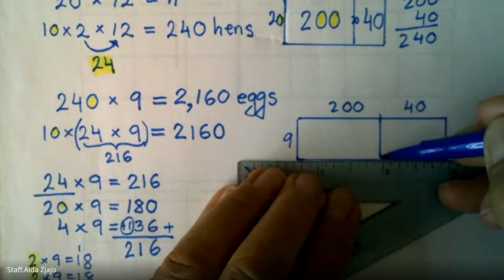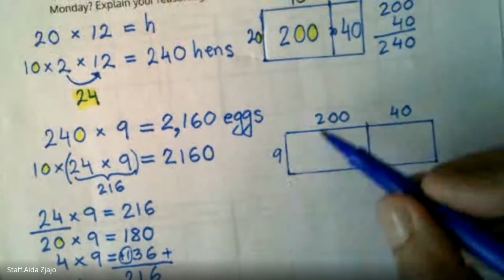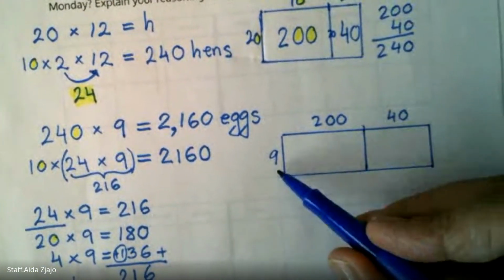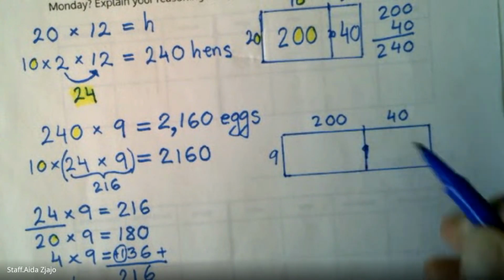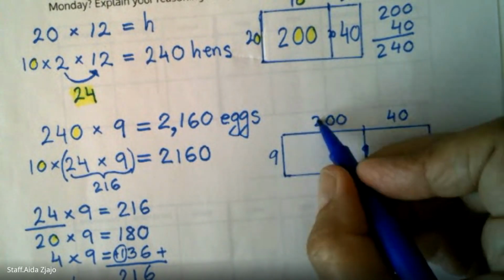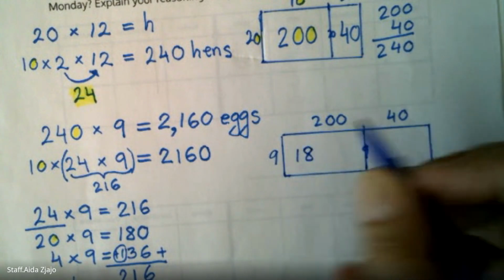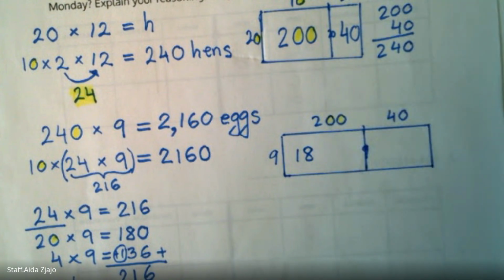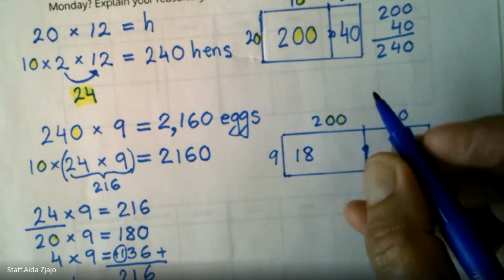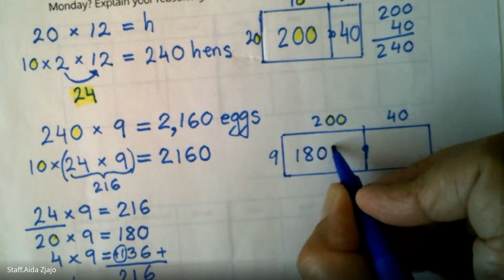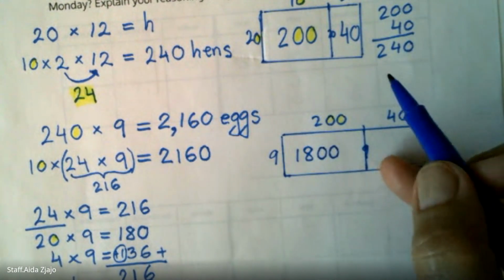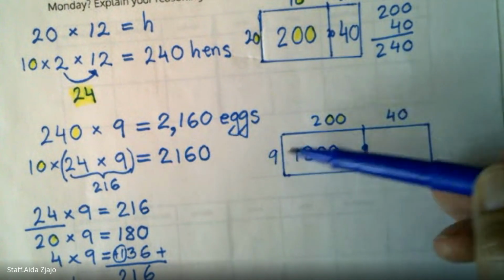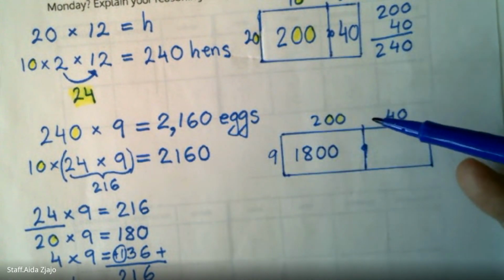Okay, so now I have 9 times 200 and 9 times 40. 9 times 2 is 18, and this represents 100, so times 10 times 10, you gain 2 zeros, because that is what 9 times 200 is.